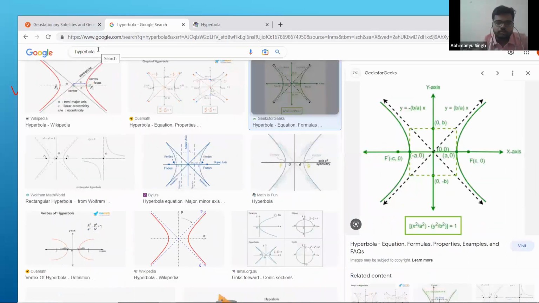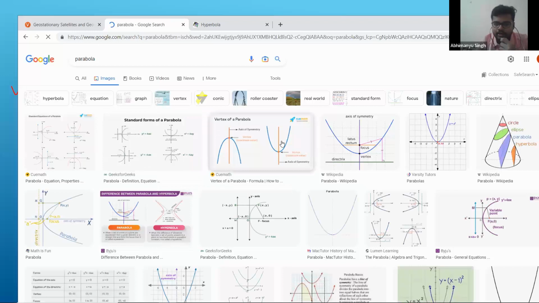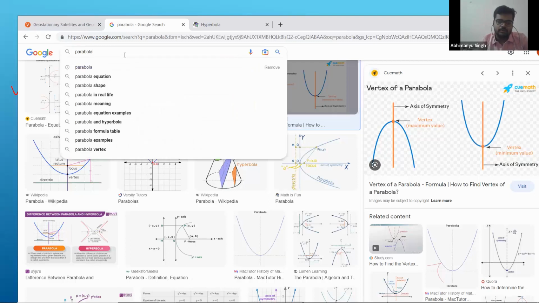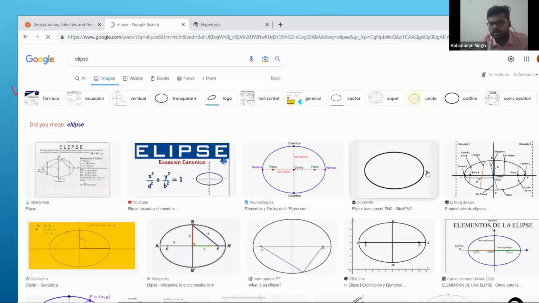And how does a parabola look? It looks like this. Here it also moves towards infinity. It is not a closed curve, it is unbounded. And an ellipse, you know the ellipse. So this is the ellipse.